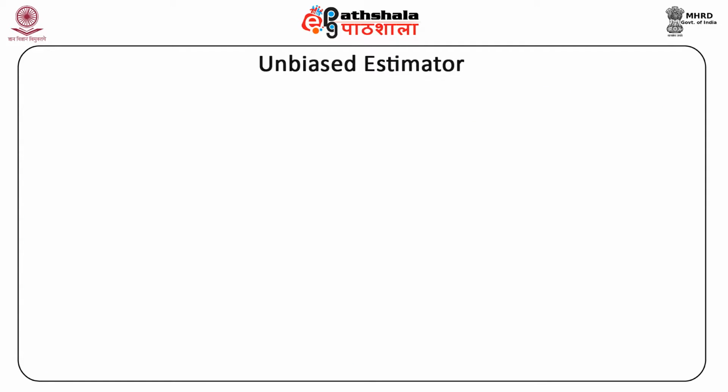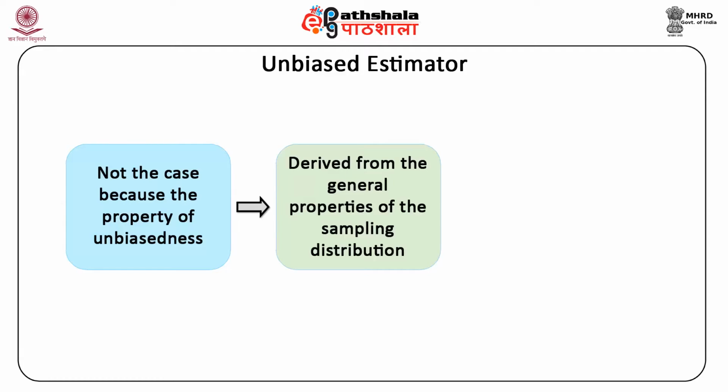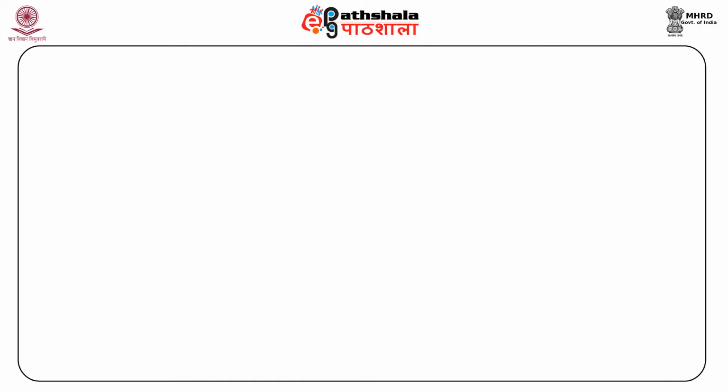This, however, is not the case, because the property of unbiasedness is derived from the general properties of the sampling distribution of the estimator and hence does not depend on the population parameter. The property of unbiasedness is derived for a few estimators.